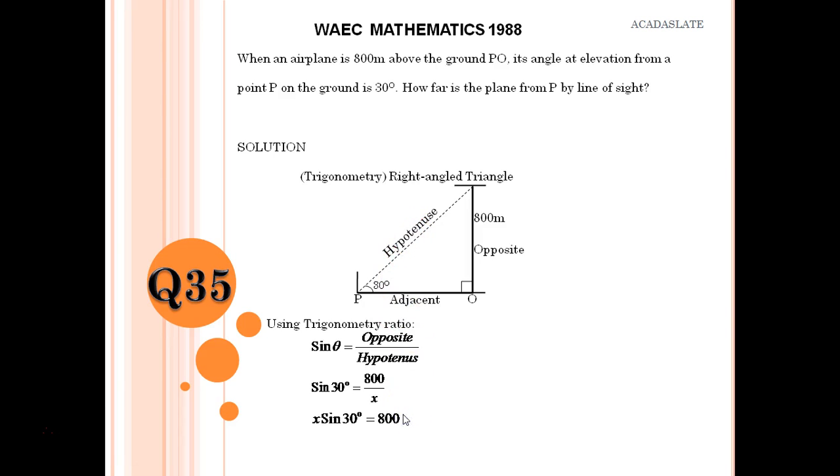Now simplifying further, we say x times sine 30 is equal to 800. Now what is sine 30? So x is equal to 800 over sine 30, and sine 30 is 0.5. So 800 over 0.5 is equal to 1,600 meters.